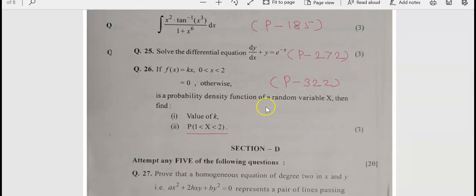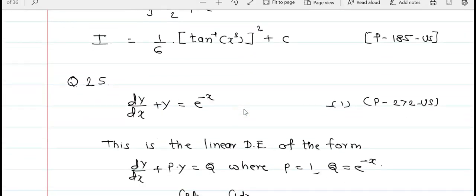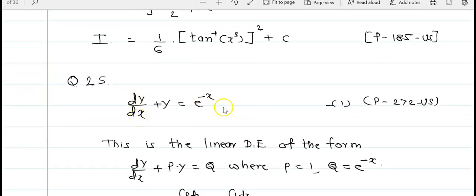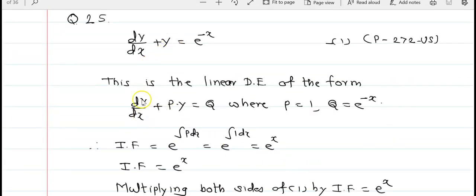Now again see this here. dy by dx plus y is equal to e raised to minus x. This is a linear differential equation. If we compare it with dy by dx plus py is equal to q, then p is equal to 1 and q is equal to e raised to minus x. Integrating factor is e raised to integral p dx, which is e raised to integral 1 dx, that is e raised to x.